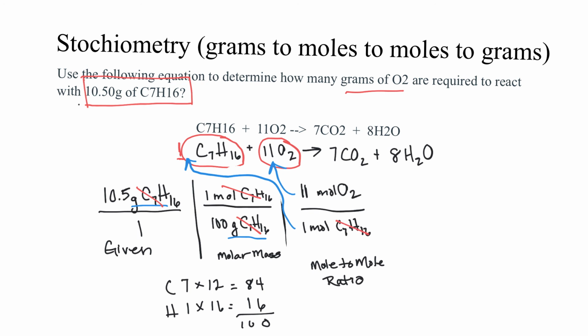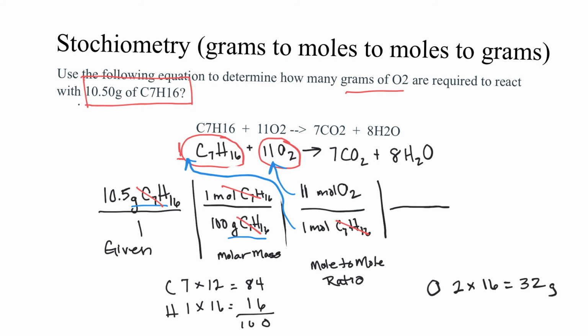But they want the grams of O2. We have moles of O2 now, but they want grams of O2. So what do we use? We use the molar mass of O2. And the molar mass of oxygen, oxygen is 16, and we have 2 of them. So to find that, for oxygen, we take 2 times its molar mass, which is 16, and we get 32.